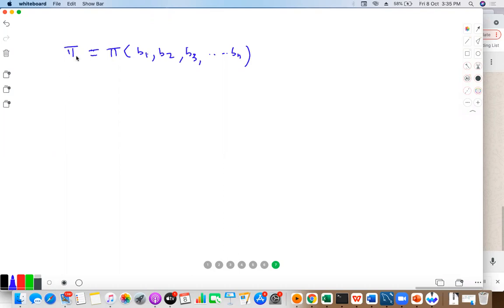To have this potential energy minimum, I can differentiate with respect to these different variables and equate to zero to have the minimum potential energy.